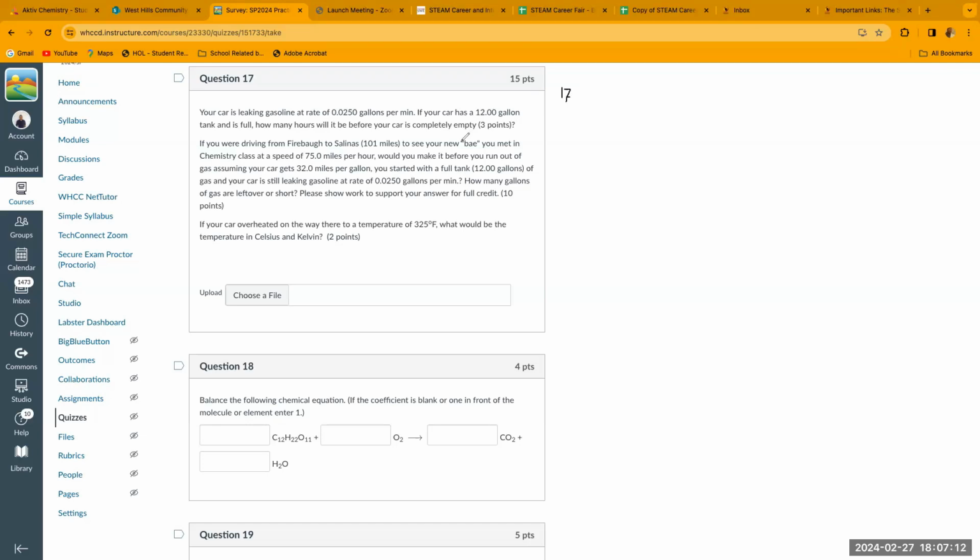So what is going to be my given in this case? Is it going to be that rate, or is it going to be my 12-gallon tank? That's right. It's going to be the 12-gallon tank. So we're going to have 12.00 gallons.